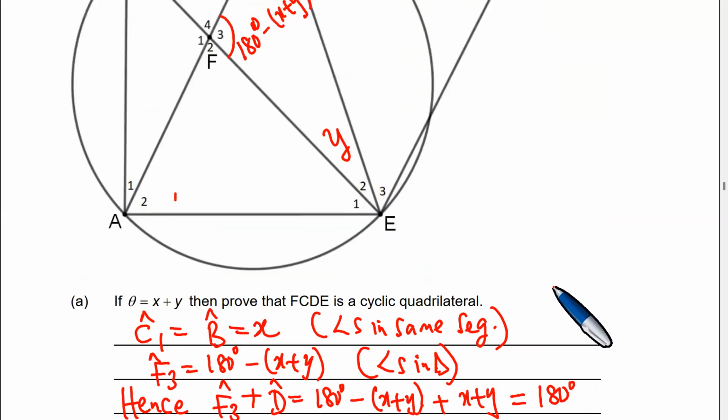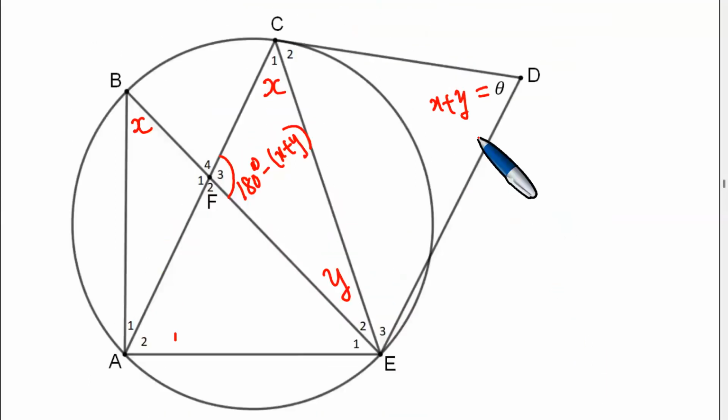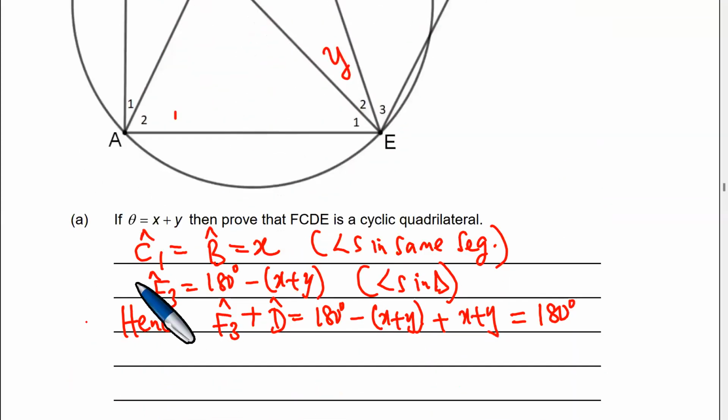The vertices F and D are not on the circumference of a circle, and therefore we conclude that FCDE is a cyclic quad.